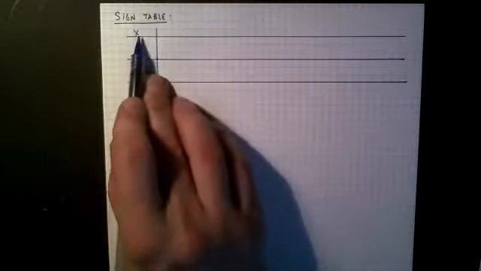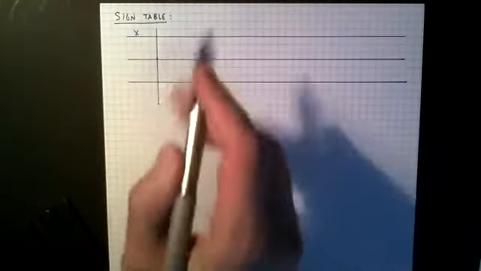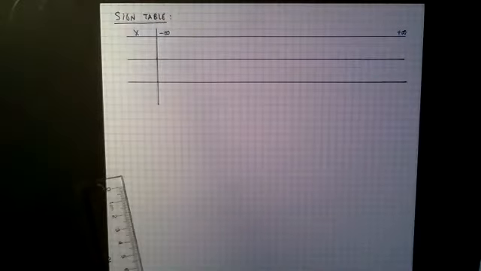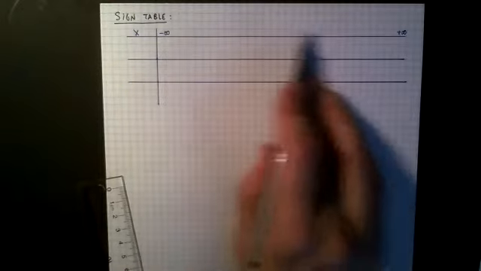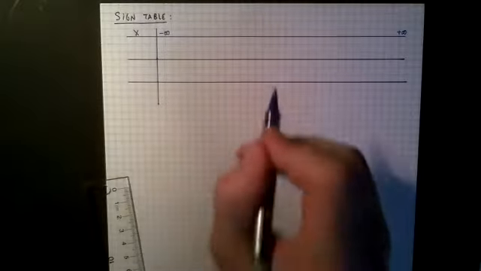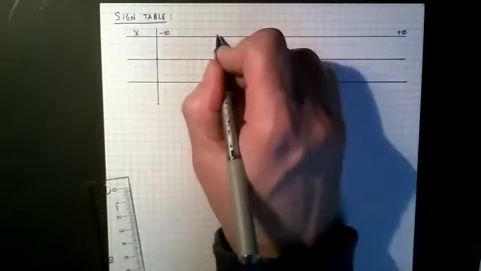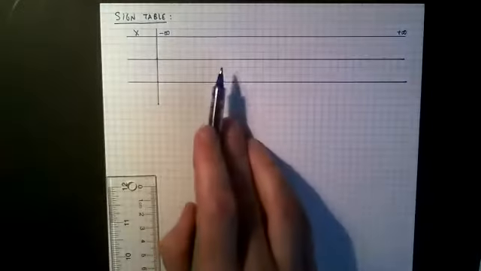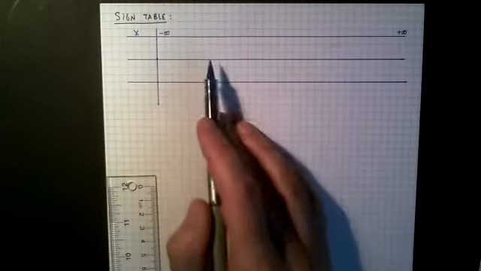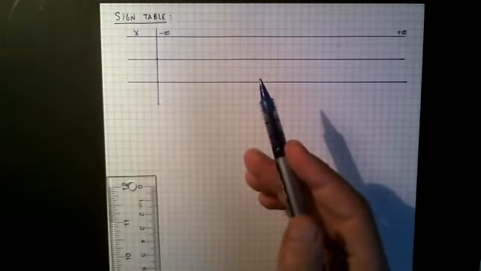So now x, what are the values that x could take? Well, any value from -infinity until +infinity, of course. And I'm going to label the important values of x that I found, which are my critical numbers, 0 and 3, and my inflection points, which are 0 and 2. So basically 0, 2, and 3. I could also put the x-intercepts, but I'm not going to, because sometimes you won't be able to find them.